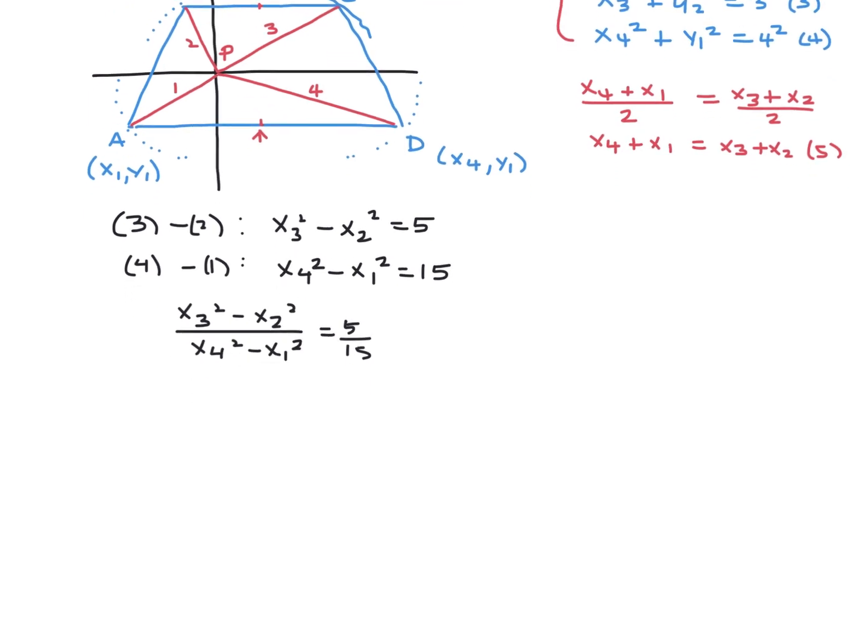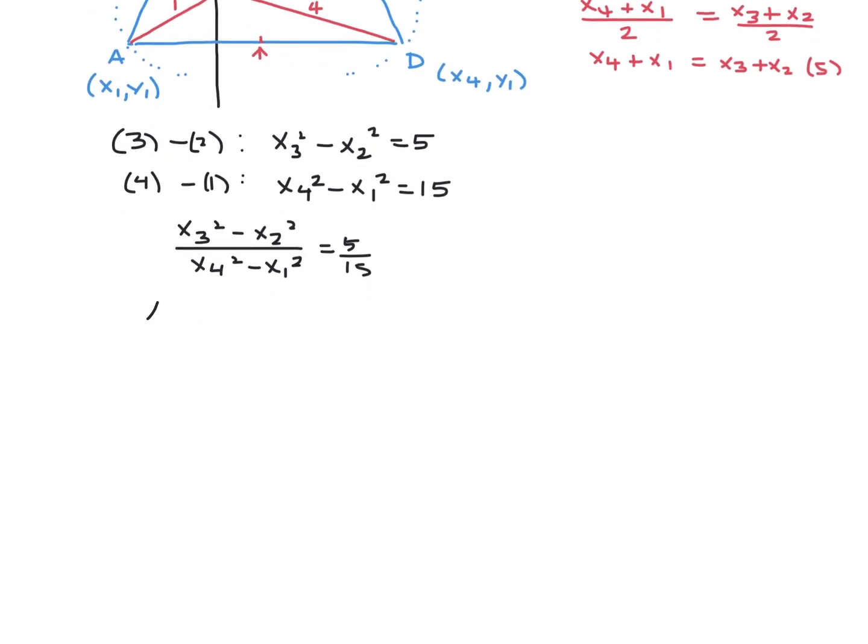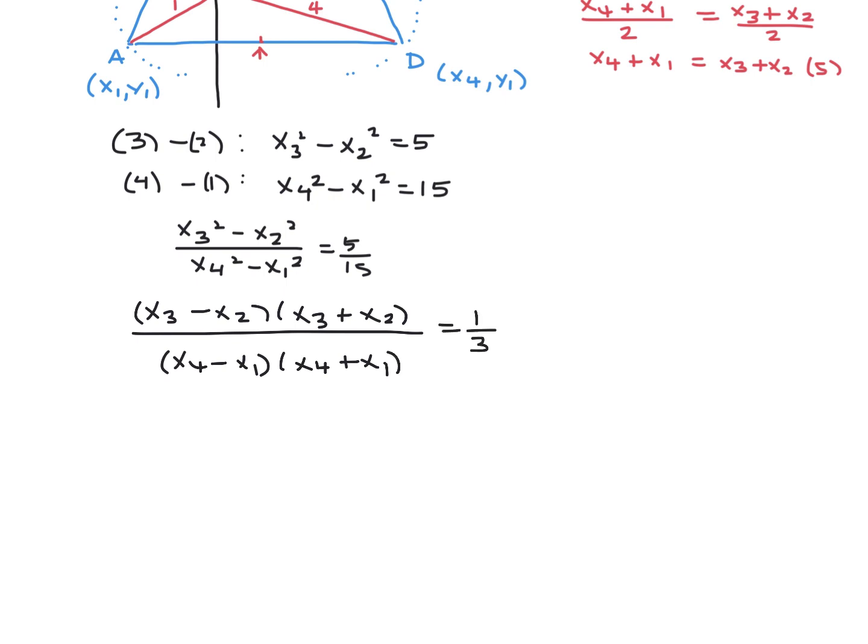And let's factor this now. So x3 minus x2 times x3 plus x2, all over x4 minus x1 times x4 plus x1, and that is equal to 1 over 3. And then let's see here, we can make this substitution now. x3 plus x2 is actually equal to x4 plus x1. So this part stays the same, but this x3 plus x2, I can put x4 plus x1.